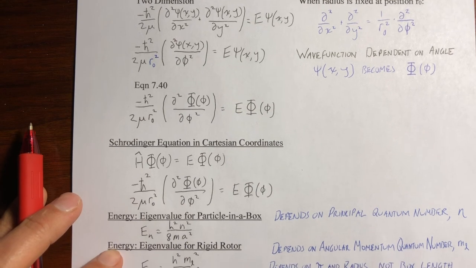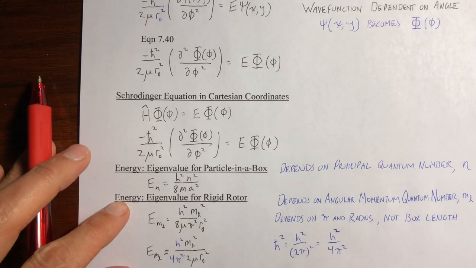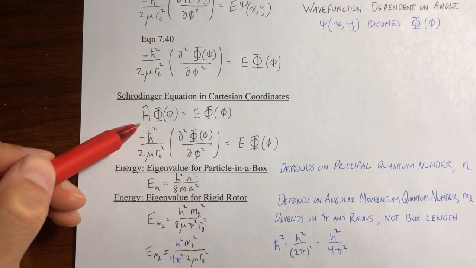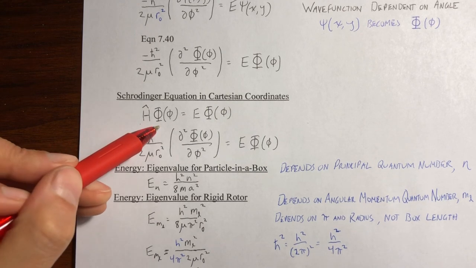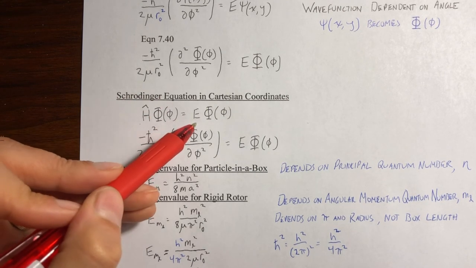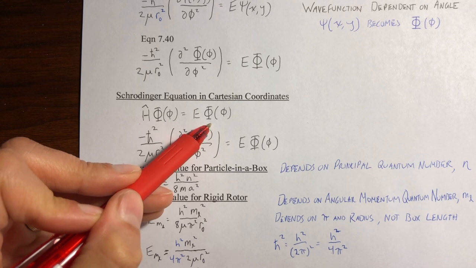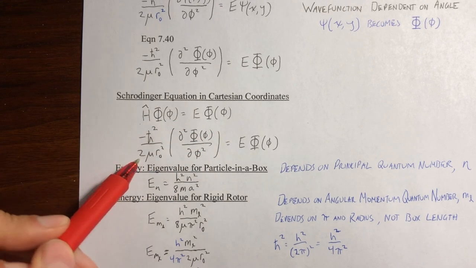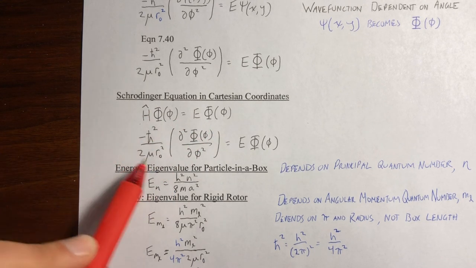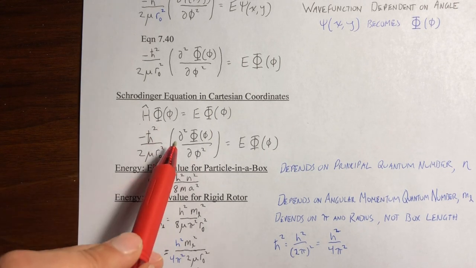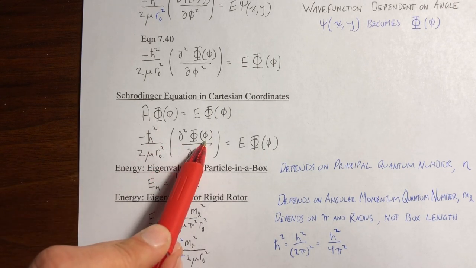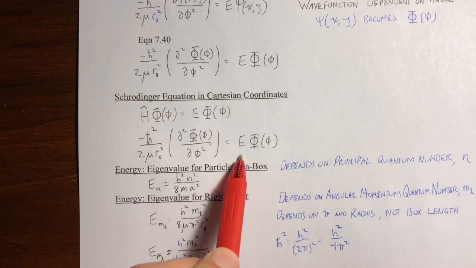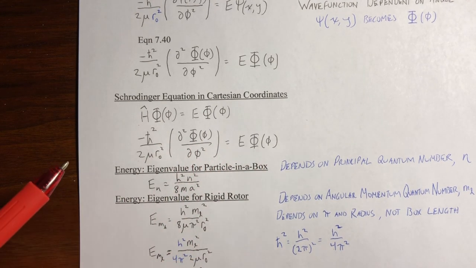Now, the Schrodinger equation in Cartesian coordinates looks like this. We have our Hamiltonian operator acting on wave function phi is equal to energy times our wave function phi. And again, that looks like this. Negative h bar squared over 2 times mu times radius squared times the second derivative of the wave function with respect to angle phi is equal to energy times wave function.